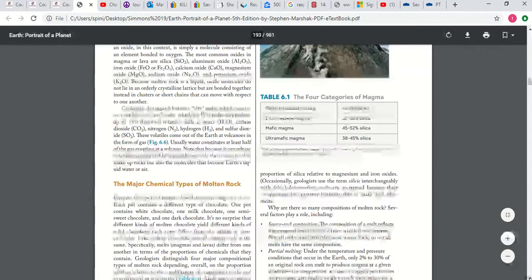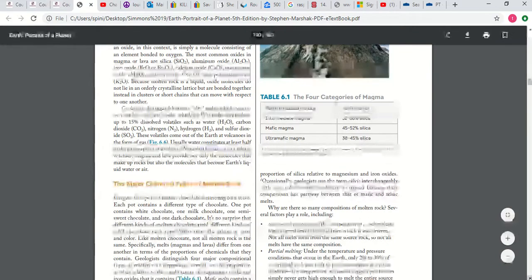So that's silica. Now, mafic magma has more iron, that's where the "fic" comes from, and magnesium, that's where the "ma" comes from, and has less silica. There you can see a felsic magma has almost three quarters of it as silica, whereas by the time you get down to mafic, it's less than half.